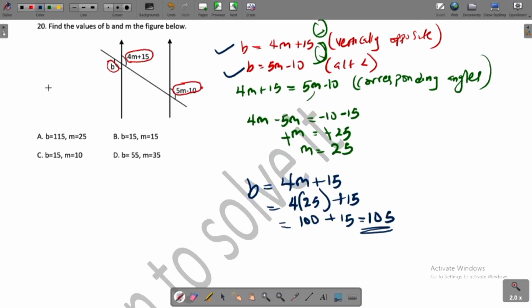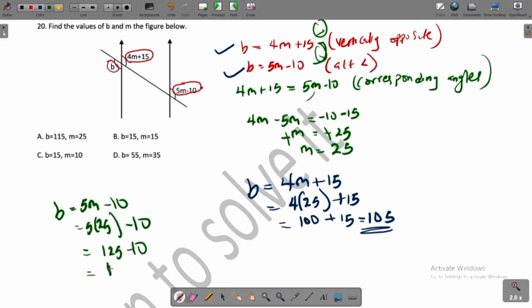If you like, you can take the second one and say B equal to 5m minus 10. So 5 times 25 minus 10. 5 times 25 is 125 minus 10.